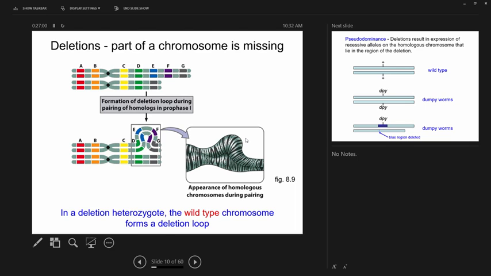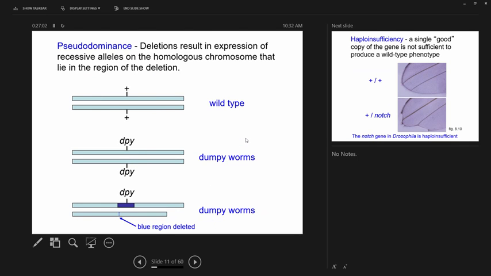So having deletions can lead to a phenomenon called pseudodominance. Here's a wild type C. elegans worm. Dumpy over dumpy is a dumpy worm, short and fat.